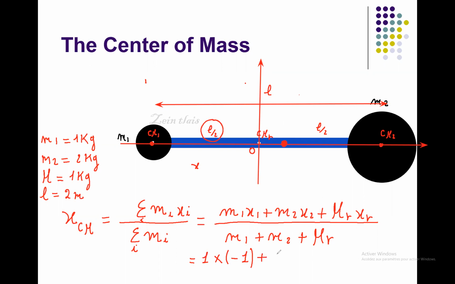So m2 equals 2 times the position x2 from O to this point, which equals L over 2, equals 1, plus mr equals 1 times the position between the center of mass of the road and O, which equals 0, divided by the summation of m1, m2, and mr, we get 4.